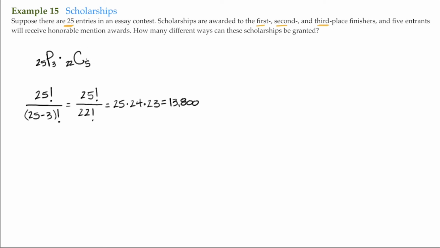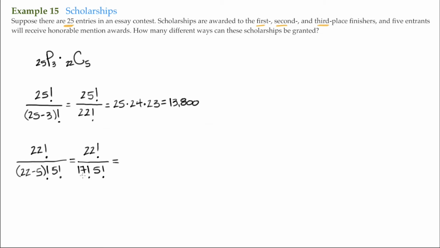Now for the honorable mentions, the combination here, that's going to be 22 factorial, similar to a permutation, over 22 minus 5 factorial. But in order to get rid of those non-distinct items, then we do 5 factorial. That's going to be 22 factorial over 22 minus 5, that's 17 factorial, times 5 factorial.